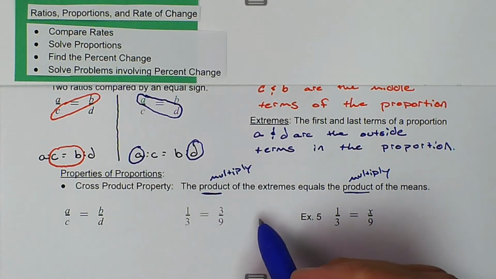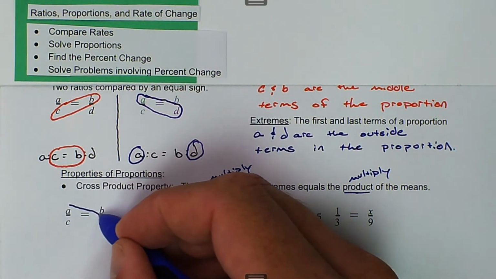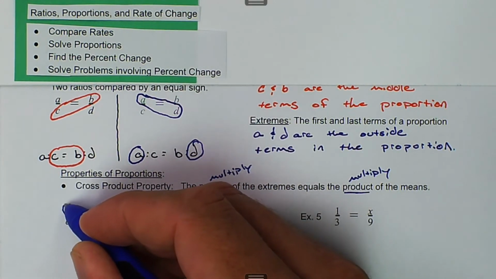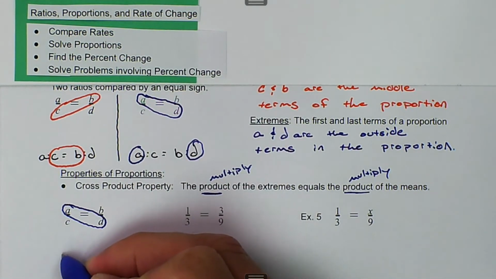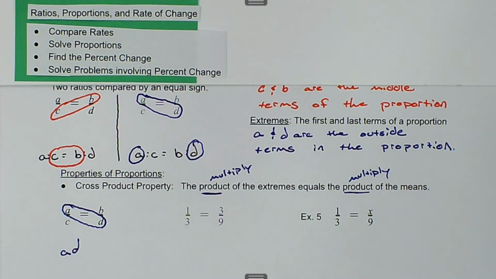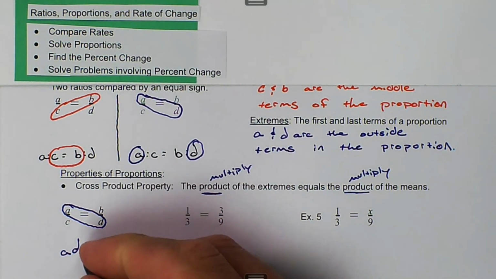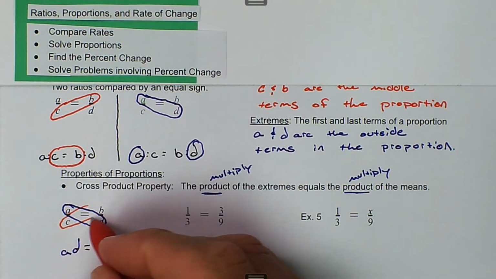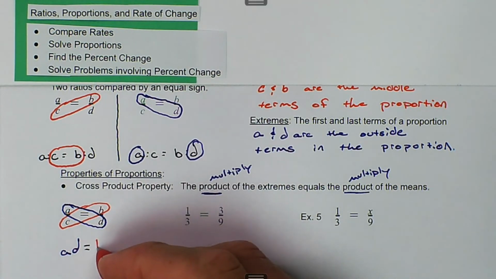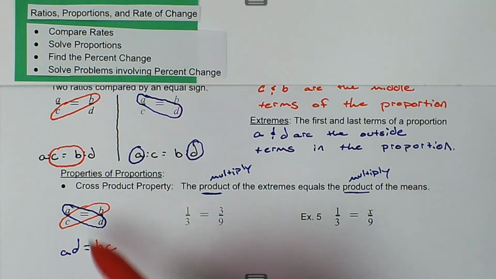So the product of the extremes, in this case, is A times D. So I can write down AD is equal to BC, the product of the means.